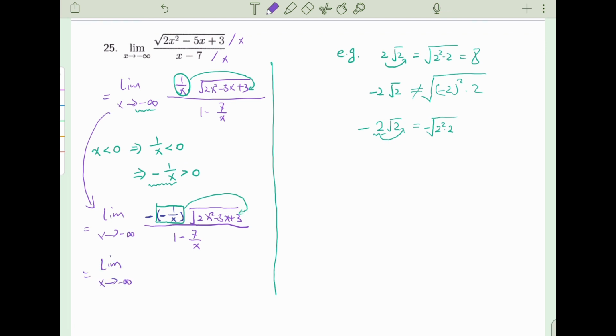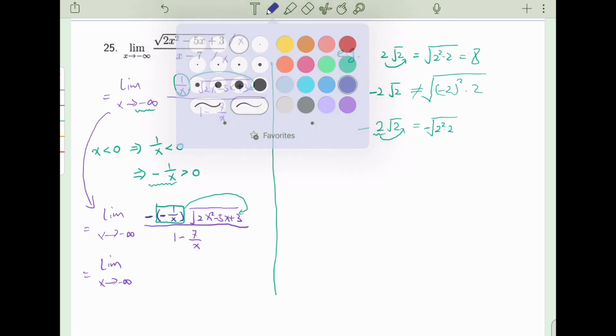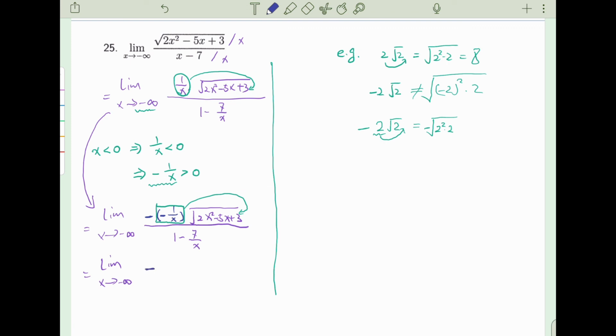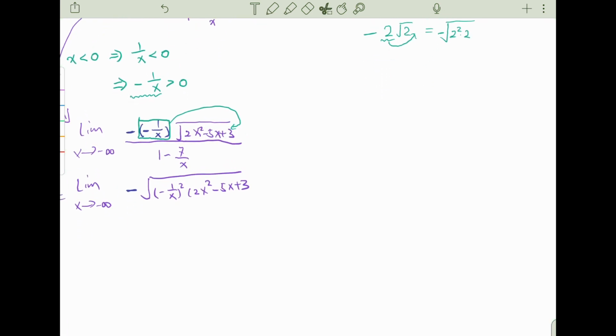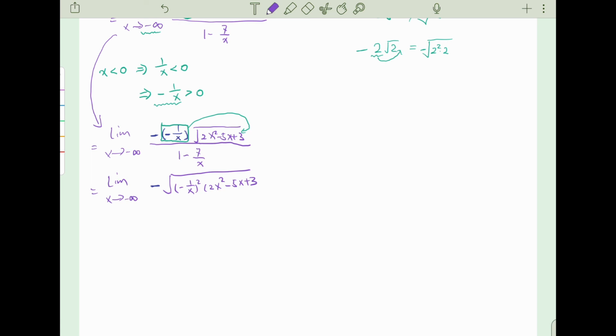So we have the limit as x goes to negative infinity of negative of the square root of, negative 1 over x, squared, times 2x squared minus 5x plus 3, divided by 1 minus 7 over x.